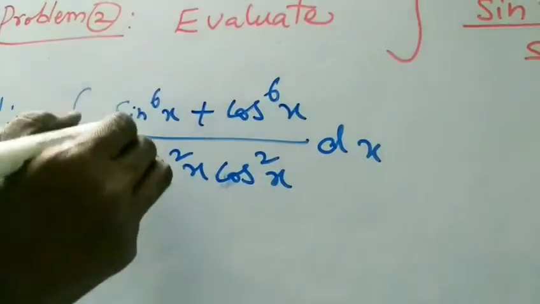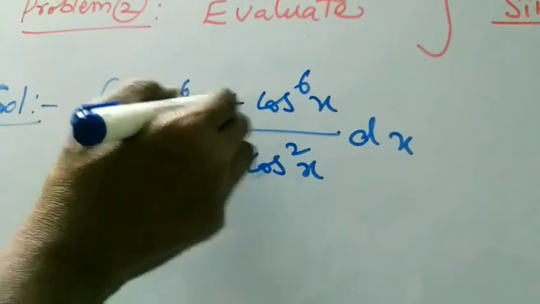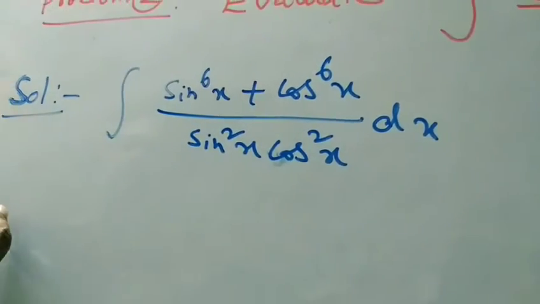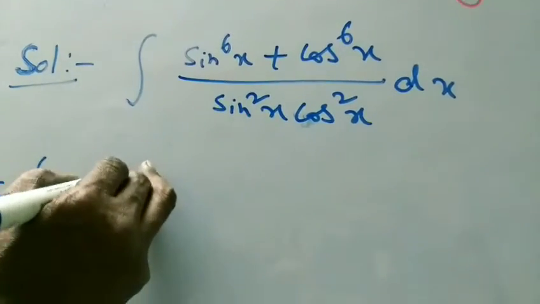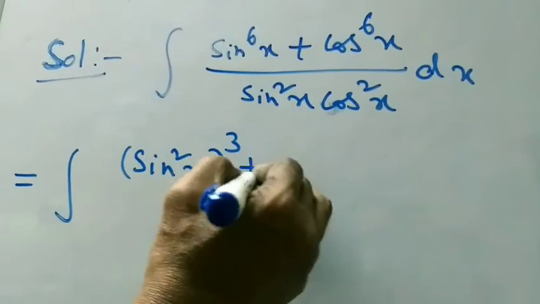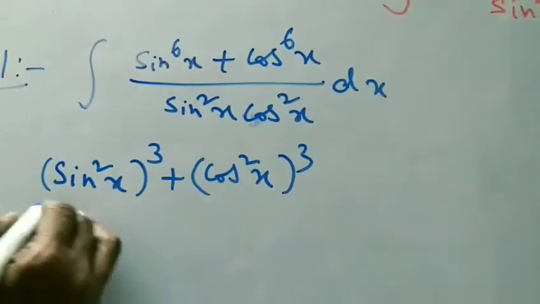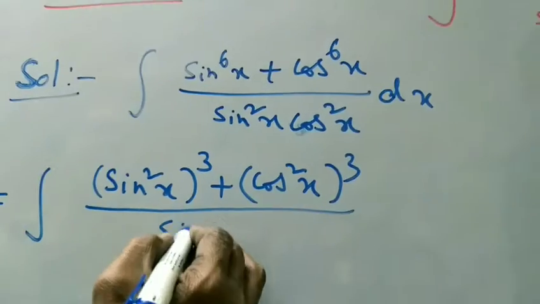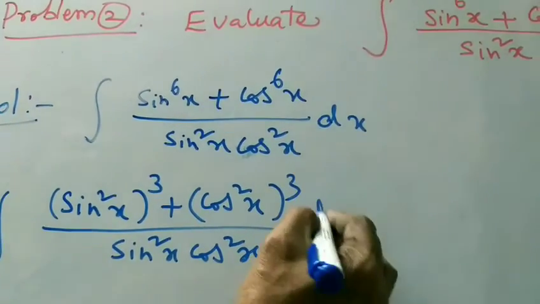Here sin to the power of 6x plus cos to the power of 6x can be written as the integral of sin square x whole cube plus cos square x whole cube, all divided by sin square x into cos square x dx.